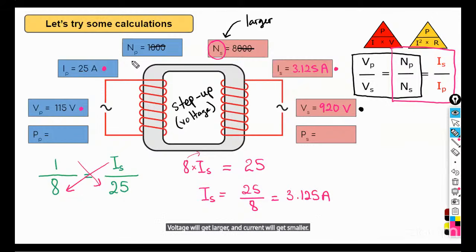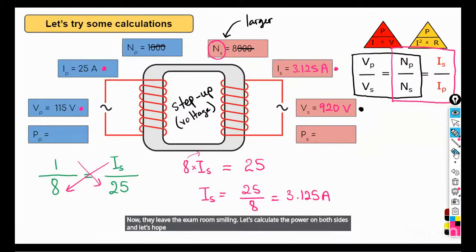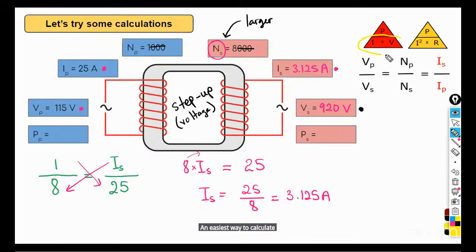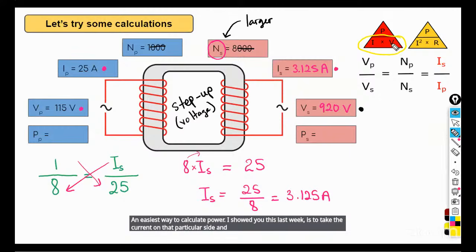Now, to leave the exam room smiling, let's calculate the power on both sides and let's hope we get the same thing. That's the only way we're going to know if we're 100% correct before handing up our exam papers. The easiest way to calculate power, I showed you this last week, is to take the current on that particular side and multiply by the voltage on that side.